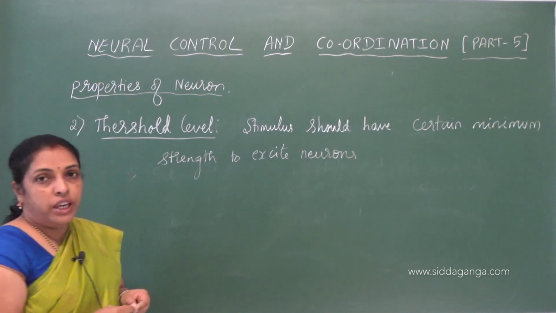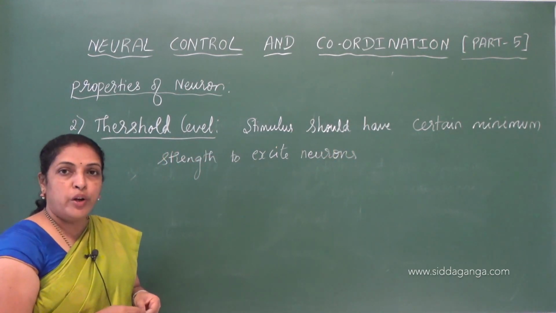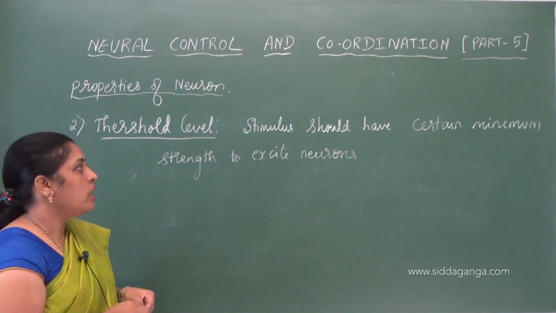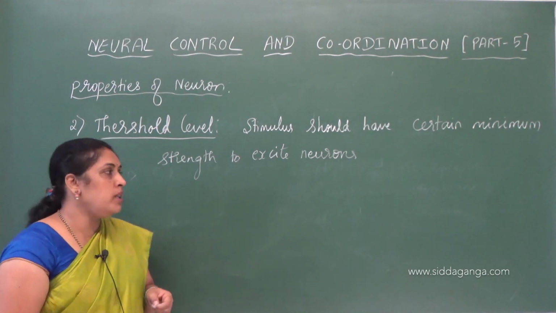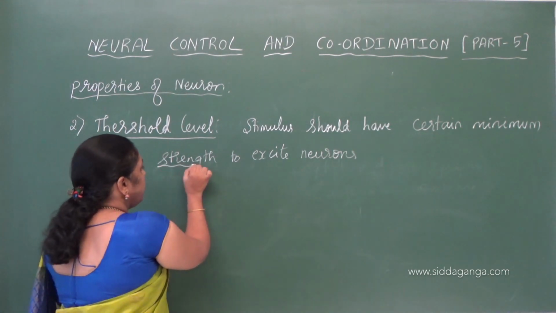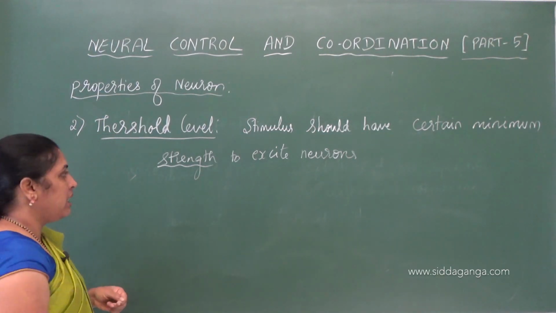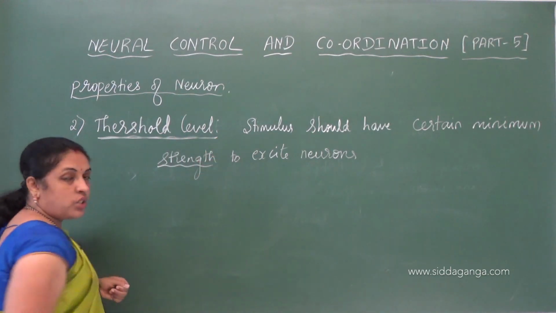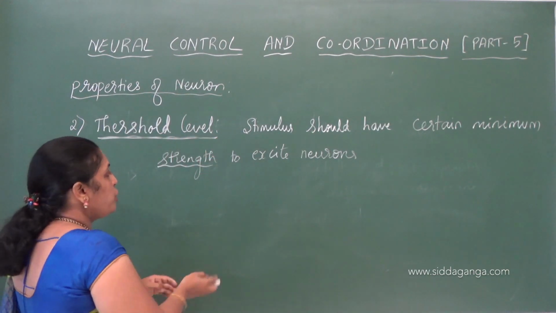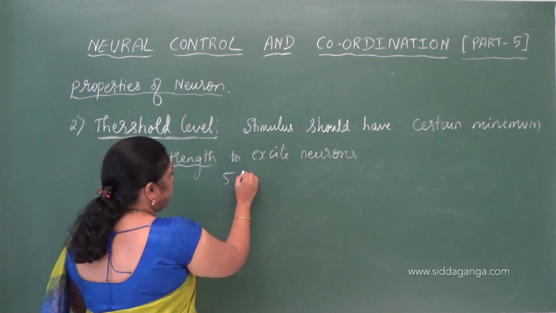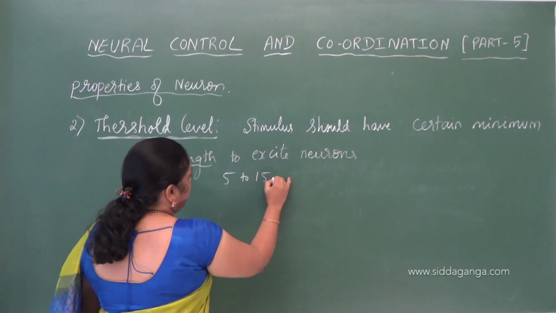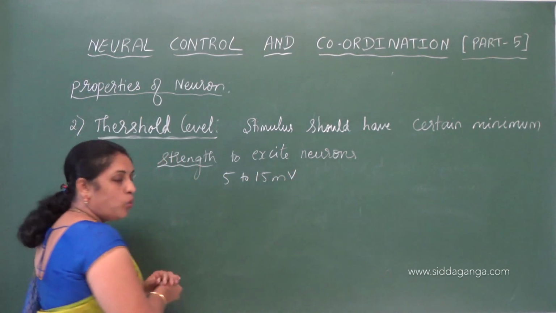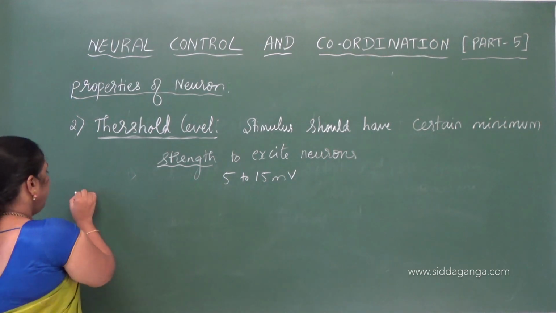A weaker stimulus will not be able to excite neurons. That strength is called threshold level. Majority of the neurons have a threshold level between 5 to 15 millivolts.